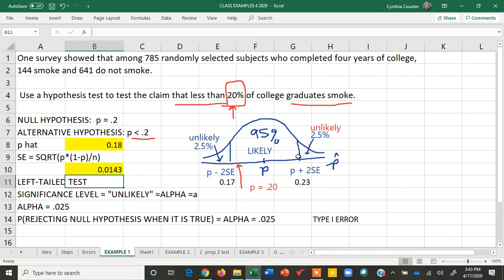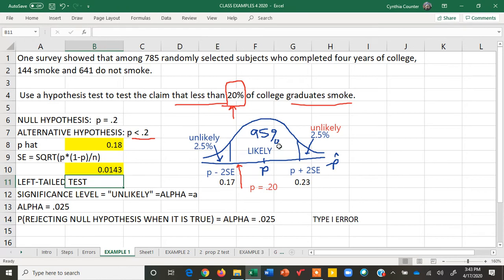So according to the empirical rule, the middle 95% of the data would be within two standard errors of the true value. So we got that 95% of the data under the assumption that the true proportion is 20%, and we're looking at sample proportions that all come from sample sizes of 785.